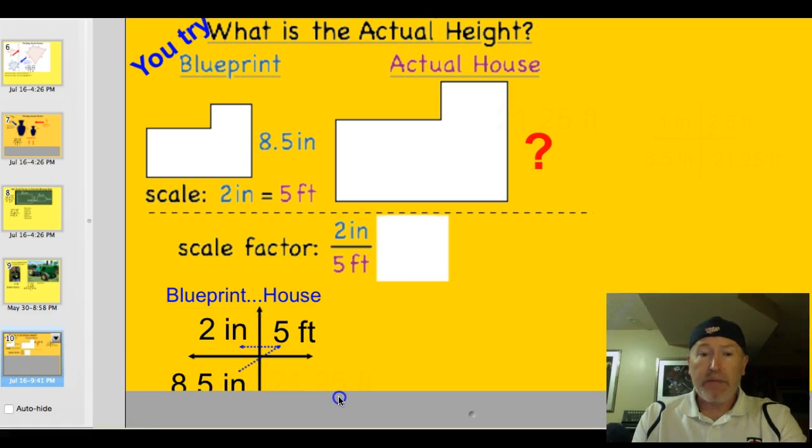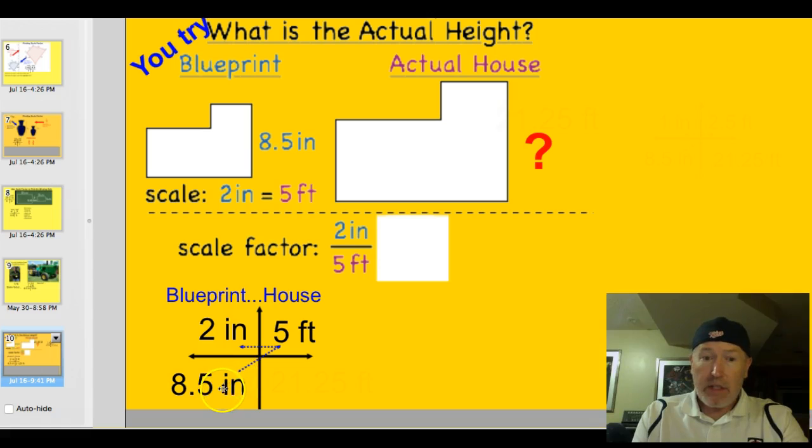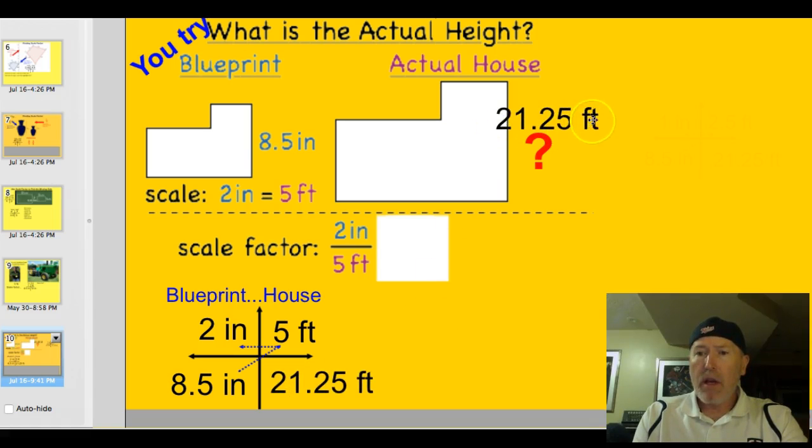All right, let's see how you did. Well, I laid it out like this. Blueprint to house, 2 inches to 5 feet is like 8.5 inches to something. Multiply diagonally, divide across, 21.25 feet. Okay? Maybe you did something different. Maybe you put it into a unit rate.